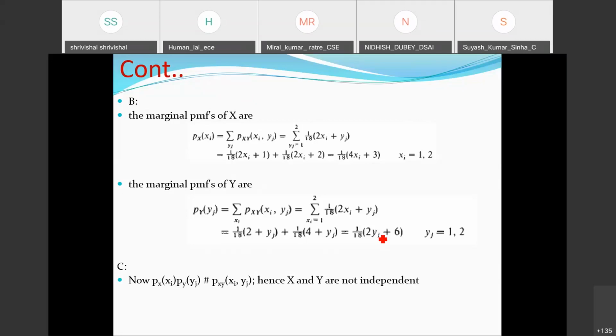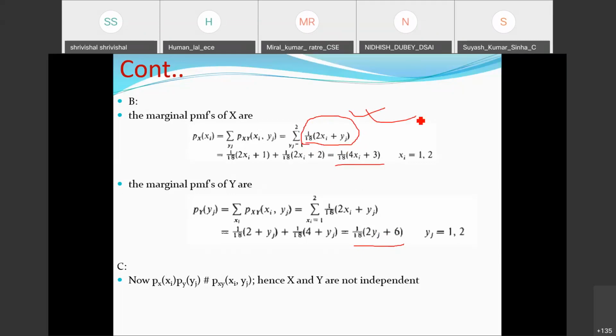So corresponding to this problem statement, p(x,y) is already given here: (2x plus y) divided by 18. So (2x plus y) divided by 18 is the joint probability mass function. And if you take the individual marginal probability mass functions and take the product of these two, we are never going to get the actual joint probability mass function, that is 1 by 18 times (2x plus y).